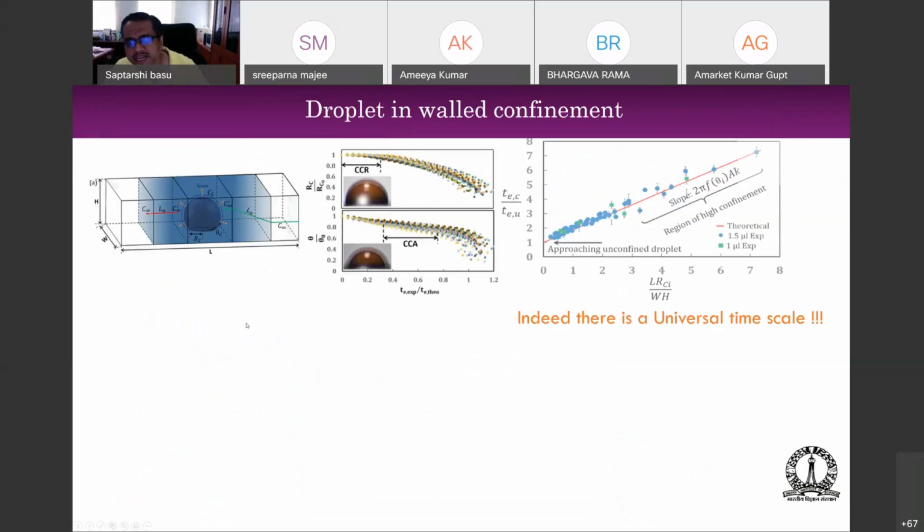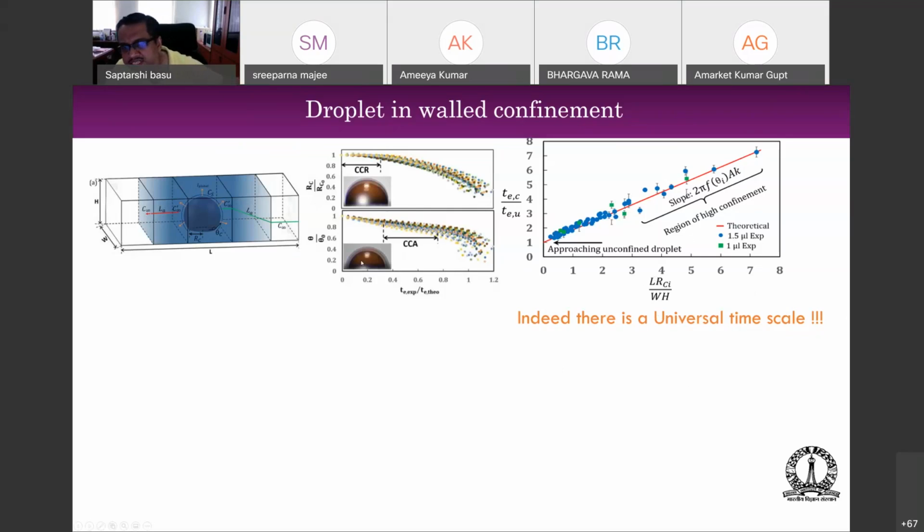So what happens is that indeed, if we do the same scaling argument, you again see that you can merge the droplets based on the geometry of the confinement only, and there is indeed a universal time scale. So you can actually extend the droplet lifetime up to 8 times depending on the region of high confinement. That means if you narrow this channel and make it very long, what will happen, that is, this is the length of the channel.